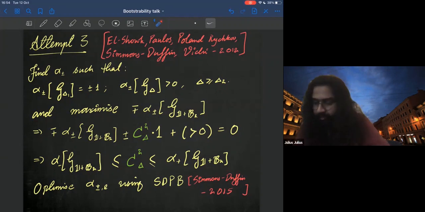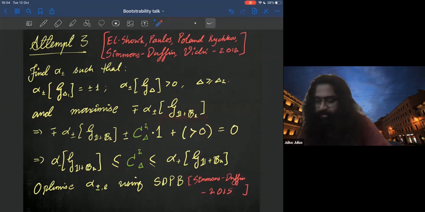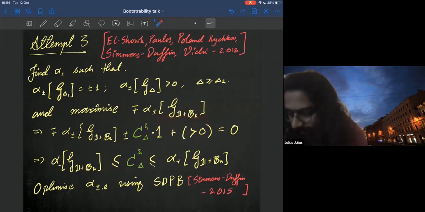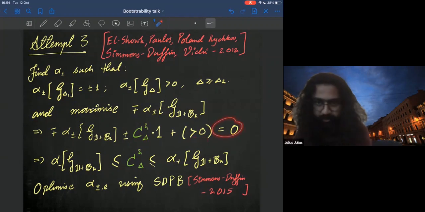And then the game is to maximize the functional acting on the known part, okay? And what you get is that the functional acting on the known part, plus C squared delta for the delta you're interested in times 1, because I made it equal to 1, plus something positive, is equal to 0.